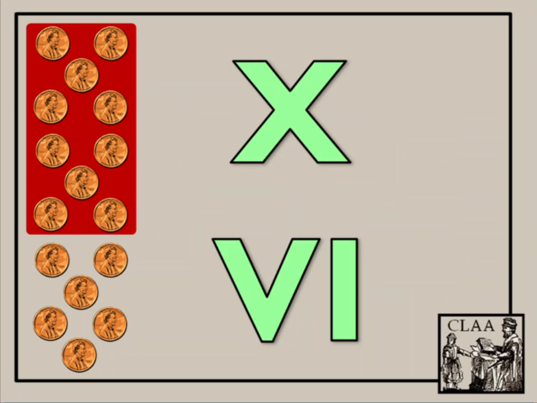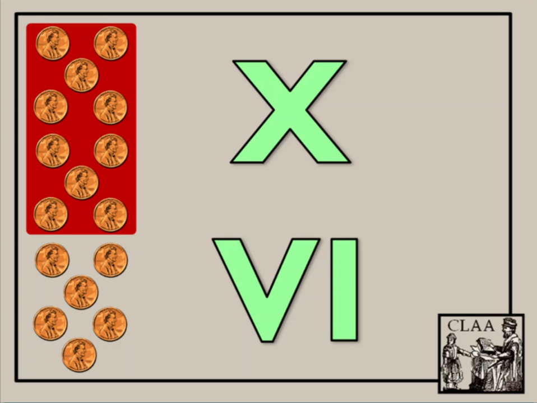Again, we see one set of decem pennies in the red box, and next to that we see the symbol written for decem. How many units are left over? Unus, duo, tres, quatuor, quinque, sex.